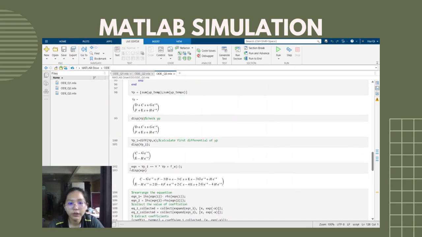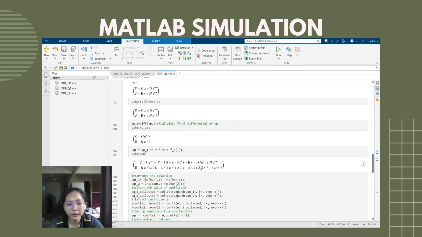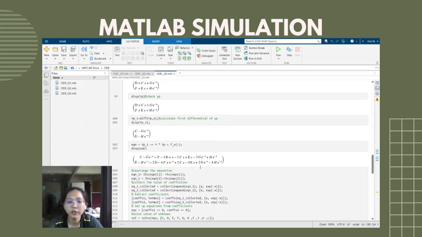And now the equation is defined as the first derivative equals to y times yp plus the right hand side, where we can calculate the value by the different coefficient of the unknown.